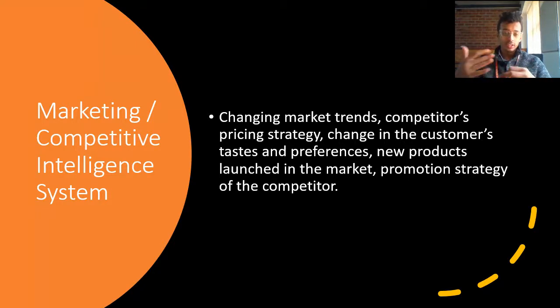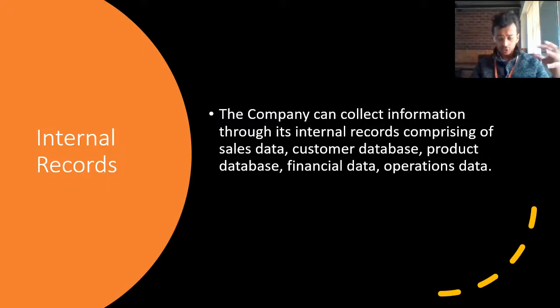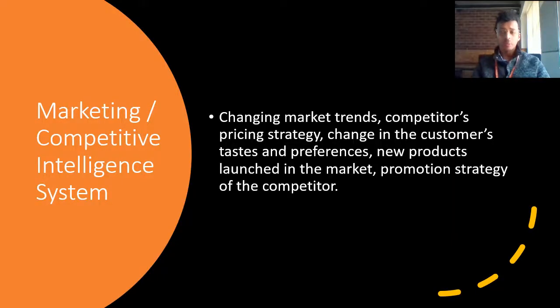Should we compete with it, or whatever it could be? All of this can be analyzed, and this information can be obtained using external sources, or in other words, by having marketing or competitive intelligence systems. So these are the first two ways to get information for your marketing information system: internal records, and then your marketing or competitive intelligence systems.